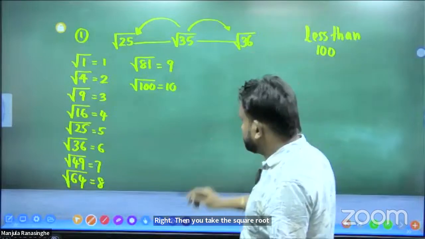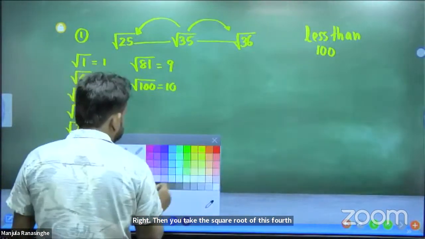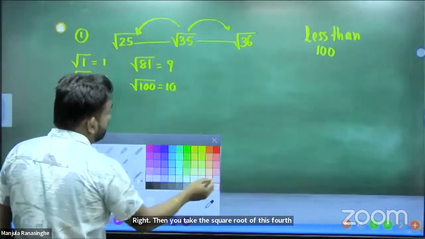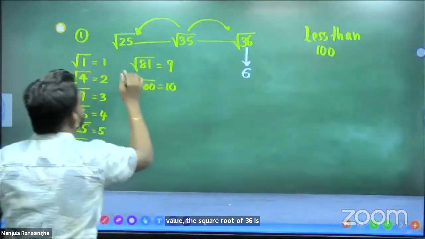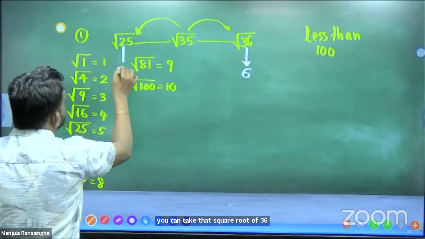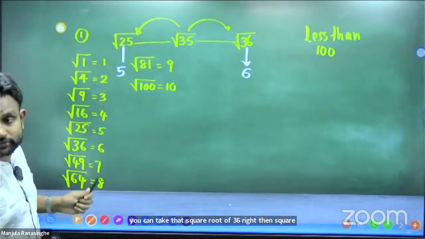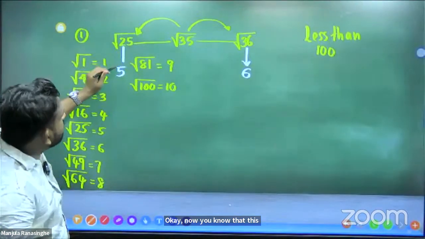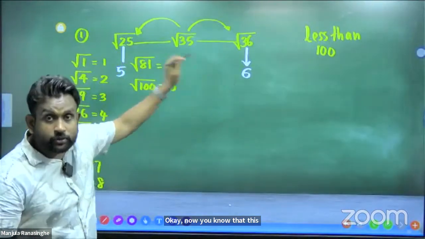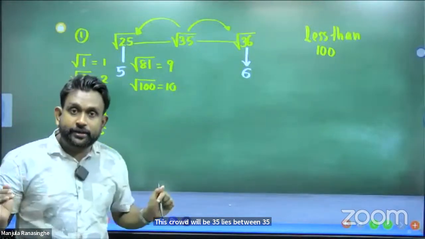The square root of 36 is 6. Then the square root of 25 is 5. Now you know that root 35 lies between 5 and 6, between 5 and 6 whole numbers.